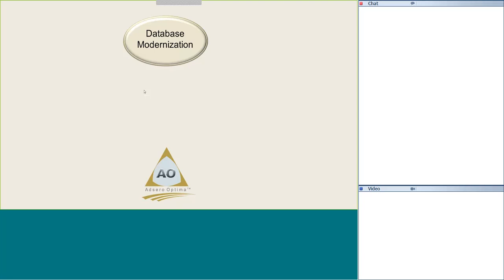Now, one element of that metadata are fields in files in your database. And a definition of a field is a definition of a space in your database that contains data. So it's a data field.